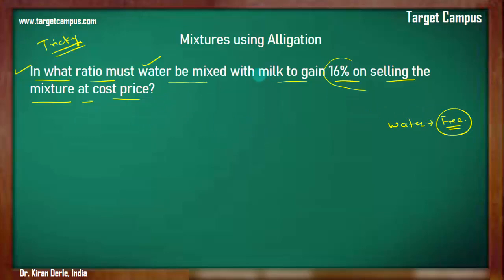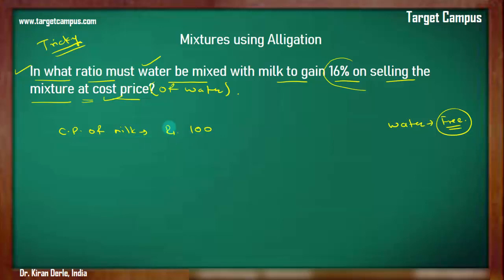Fine. Okay, so let us try to decode the question here. In what ratio must water be mixed with milk to gain 16% on selling the mixture at cost price? Try to understand this point. Let's suppose the cost price of milk is rupees 100, or x, whatever it is.